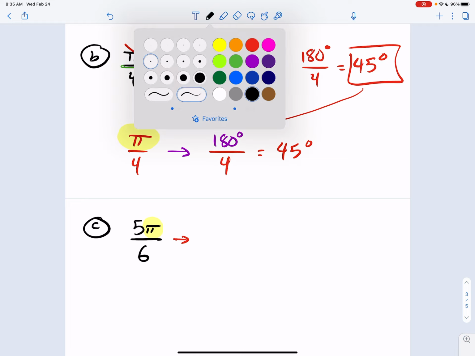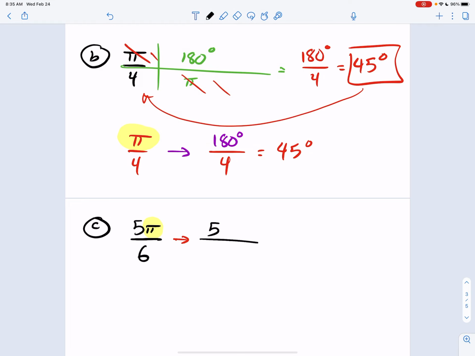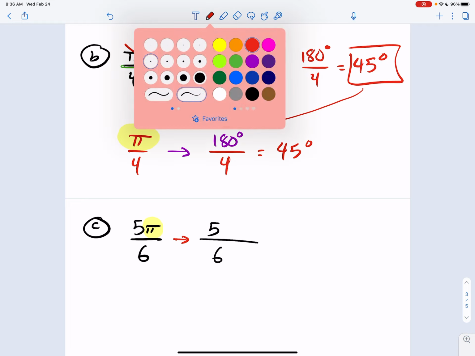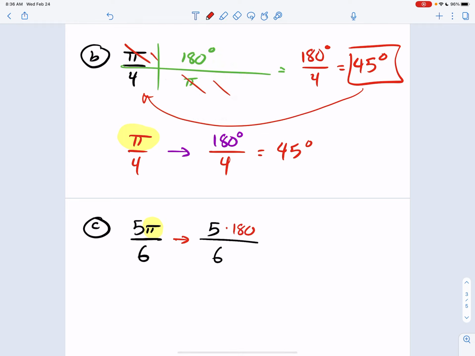So this is the same thing as 5 over 6 times 180 degrees. So I replaced the pi with the 180. Okay. I substituted, I plugged in, I replaced the pi with 180 because 1 pi radian is equal or equivalent to 180 degrees, okay?